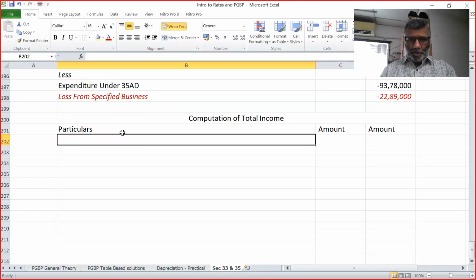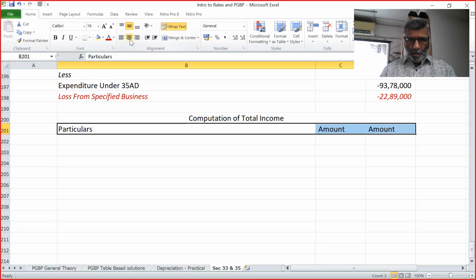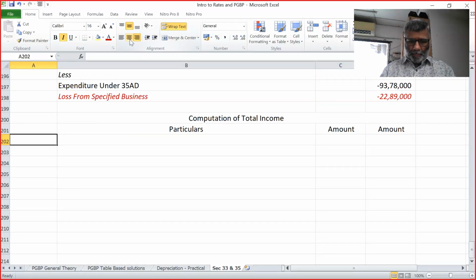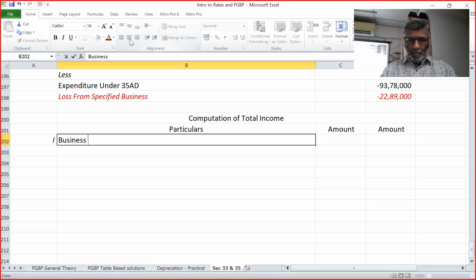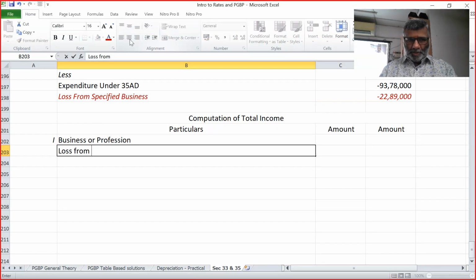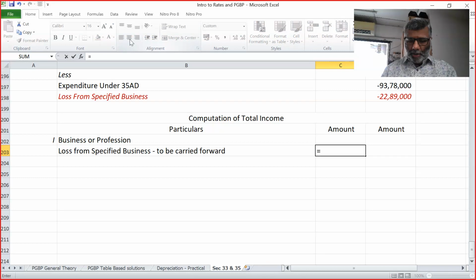There are other sources of income, so the question: loss from specified business to be carried forward is 22,89,000.